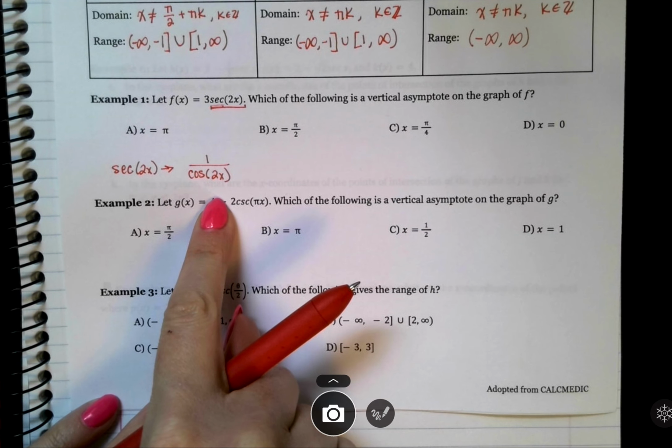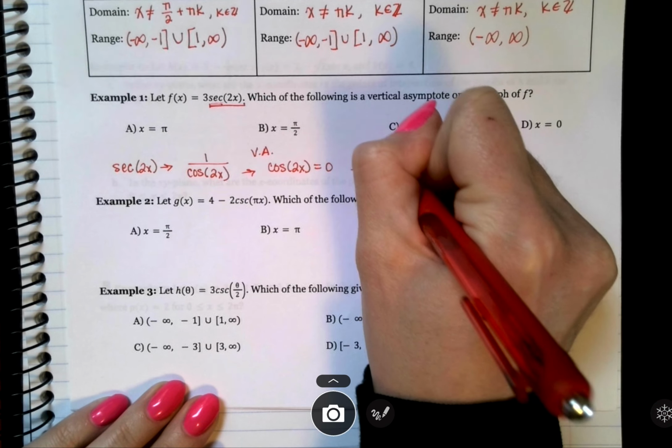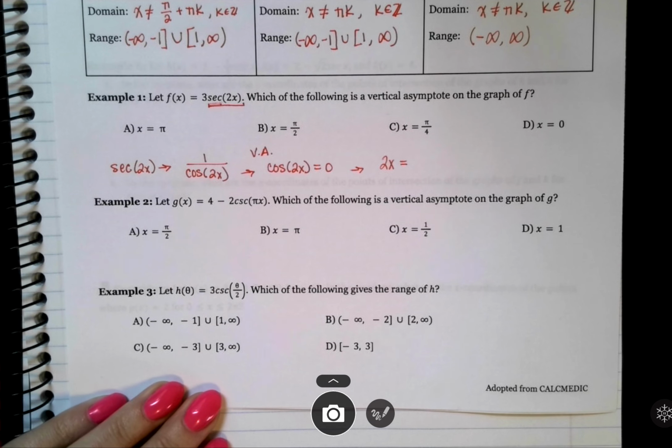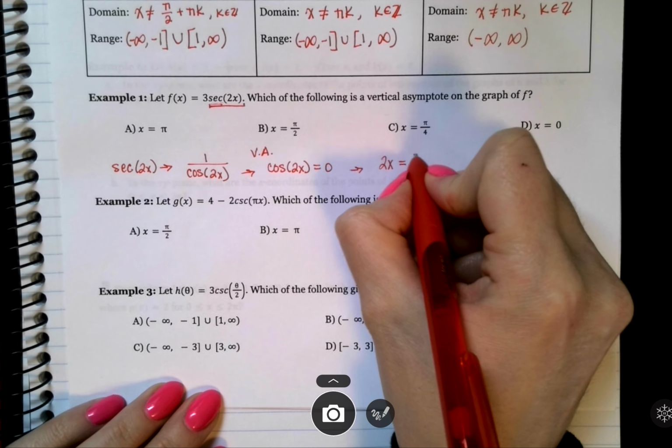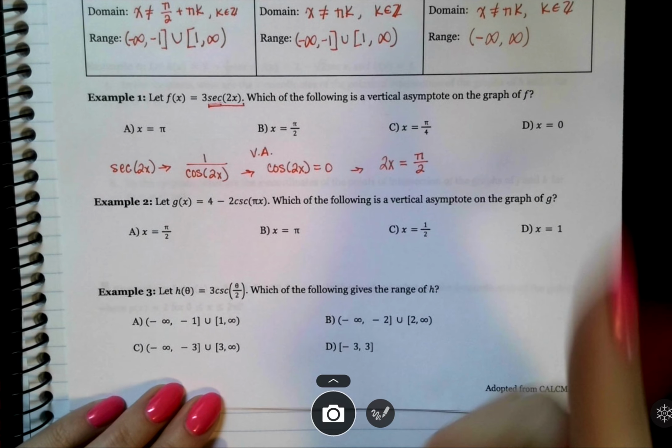I take arc cosine of both sides, so that would leave me with 2x equals arc cosine of 0. Well, arc cosine of 0 means at which angle is the cosine value 0, and I know that happens at pi over 2. If I was including my whole unit circle, it also happens at 3 pi over 2. I'm going to see if this works first, and then I might have to use the other value if I don't see my option here.